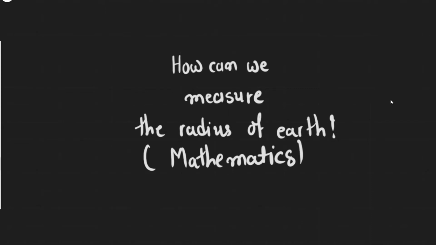How can we measure the radius of Earth with just some mathematical formulas and some calculations? Let's have one circle which represents Earth. On that circle, there is a point A where I am standing at some height which is equivalent to the radius of our Earth.